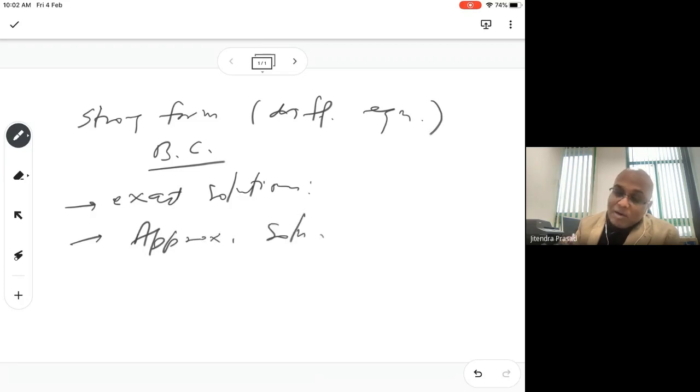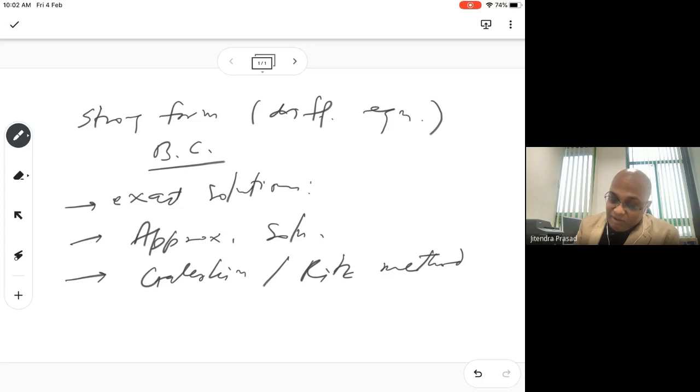In order to find approximate solutions, there are various methods, and so far we have learned the Galerkin method and the Rayleigh-Ritz method. Both of them have an alternative formulation.